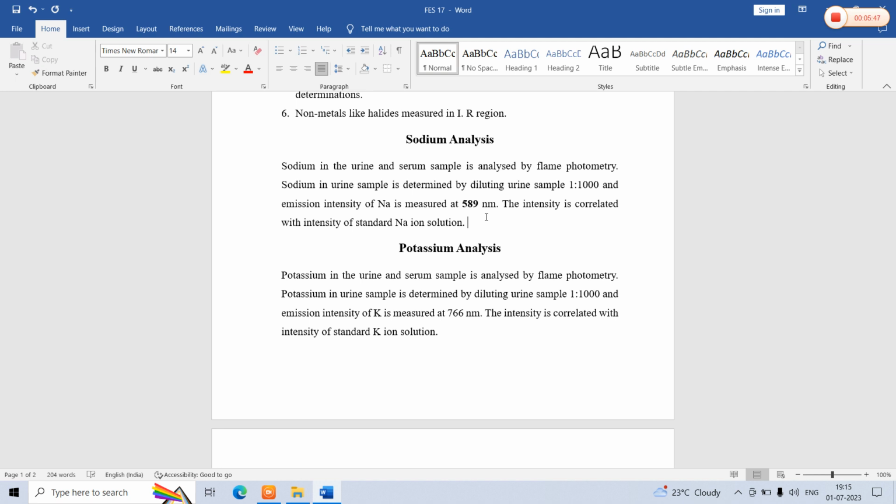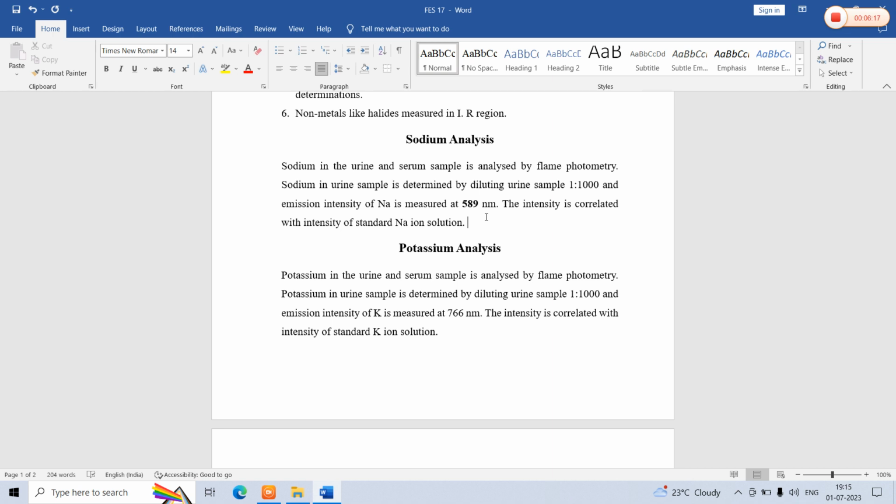This is how the analysis is done by flame photometry: sodium in urine and serum samples is analyzed by diluting 1 ml of sample to 1000 ml distilled water.